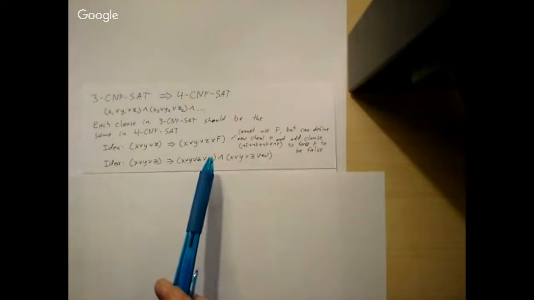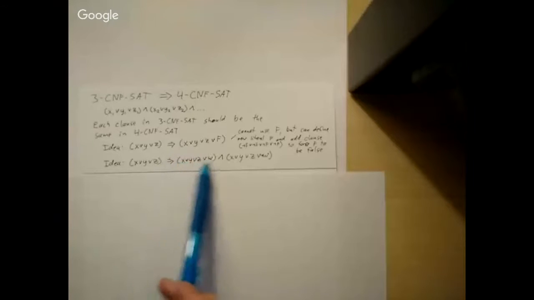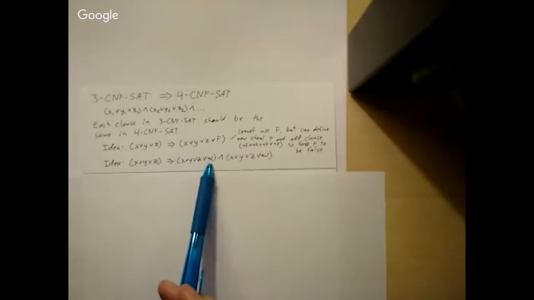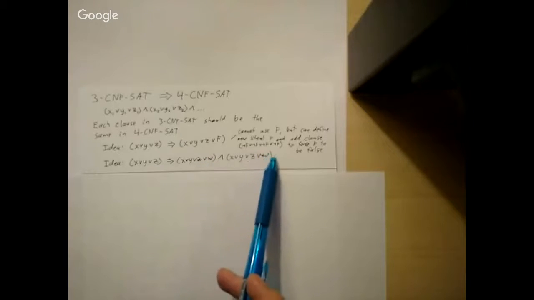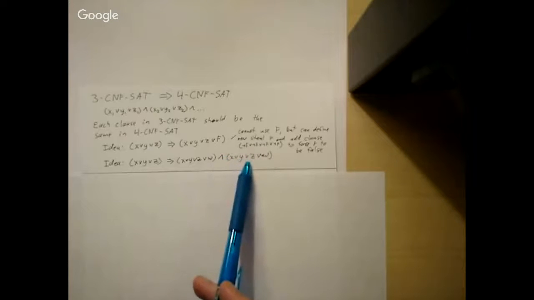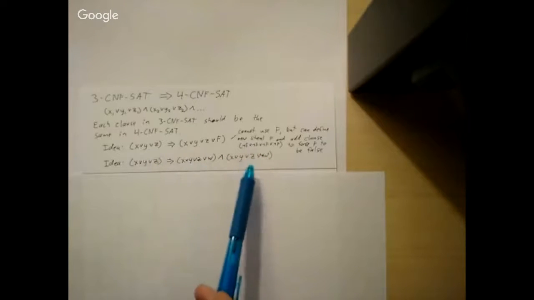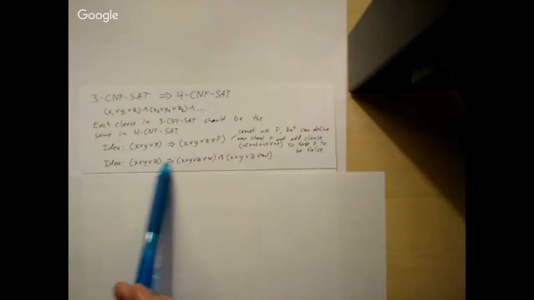One of these will be true no matter what x, y, and z are, but the other has, say w is true, then not w is false, and this has the exact same value as it did in the original. If w is false, then this one you just cross out, and this one matches the original.